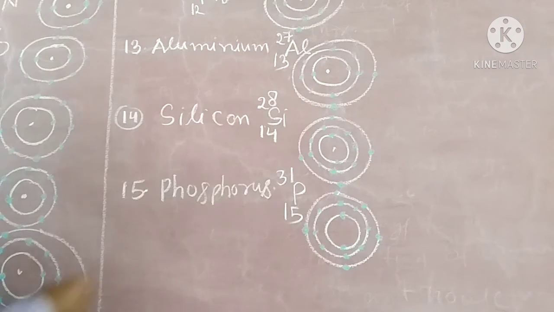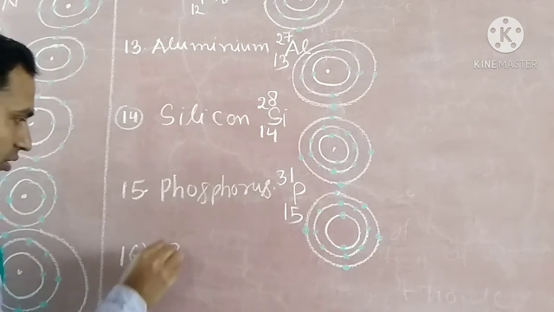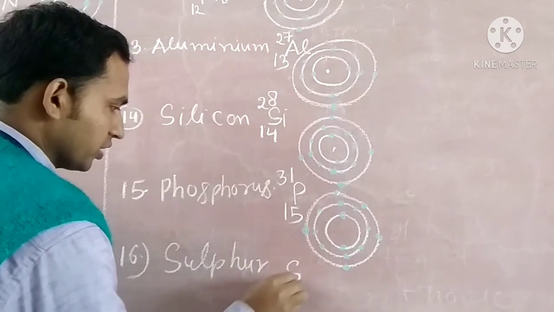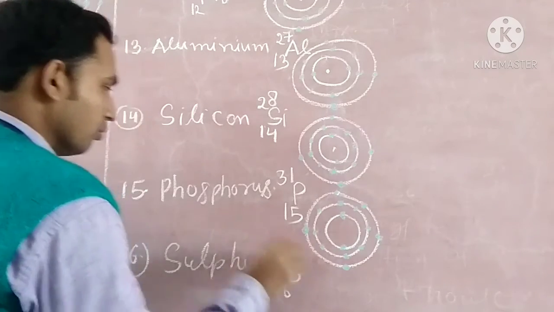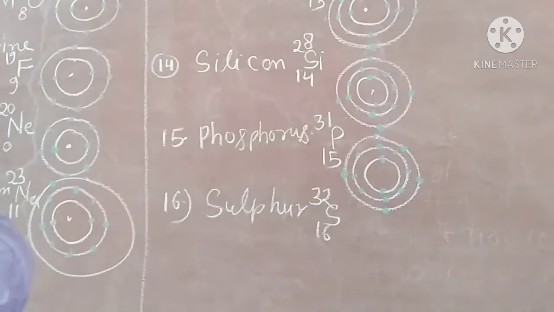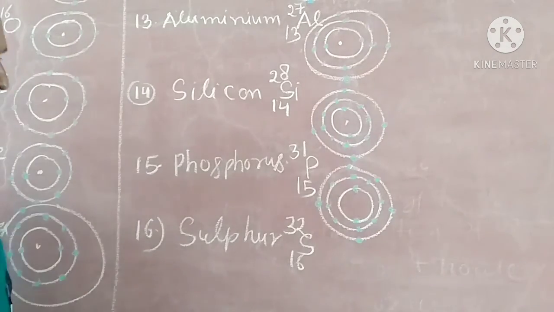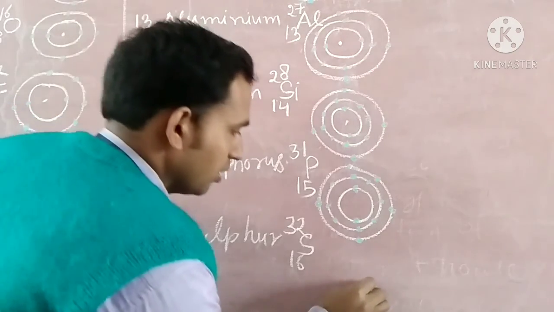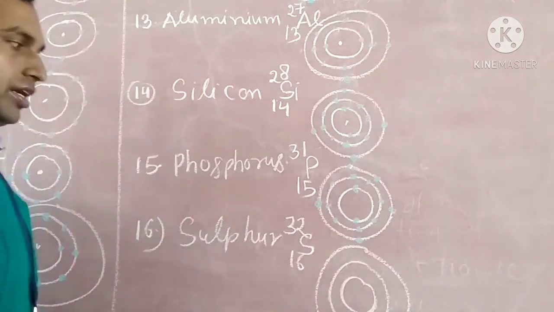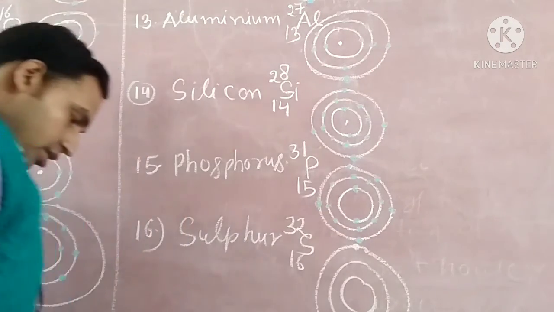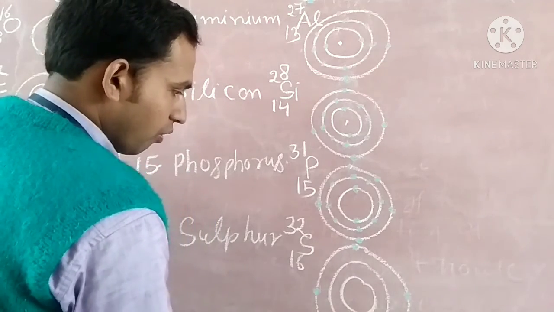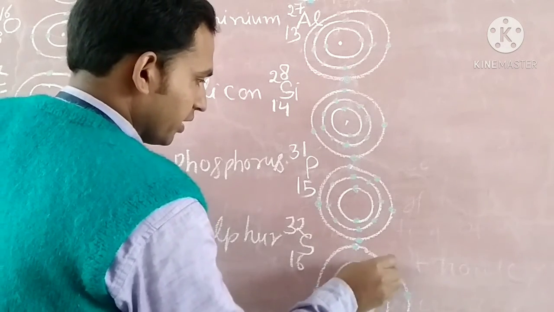Next, sulfur. The symbol is S, atomic number 16, mass number 32. The schematic diagram is the first cell, second cell, and third cell. How many electrons in the third cell? 6 electrons. 1, 2, 3, 4, 5, 6.